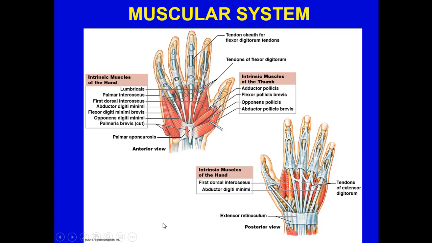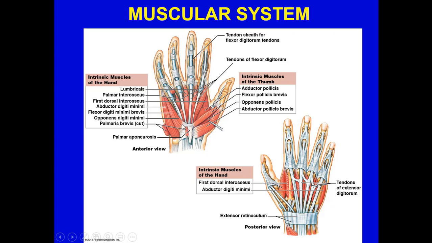So if you see here, what do you have? The lumbricals, which are almost called like worms. That's where lumbricus comes from, for earthworms. But you notice that they're in here. They're not in the fingers. Everything that controls the fingers is basically through tendons and tendon sheaths and everything else.